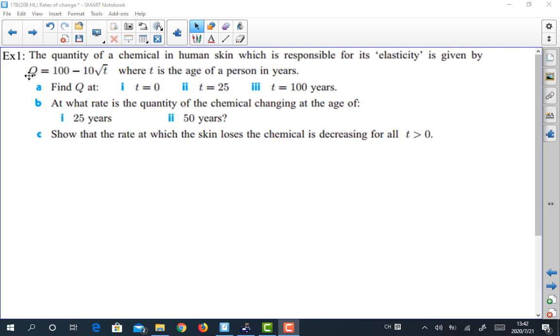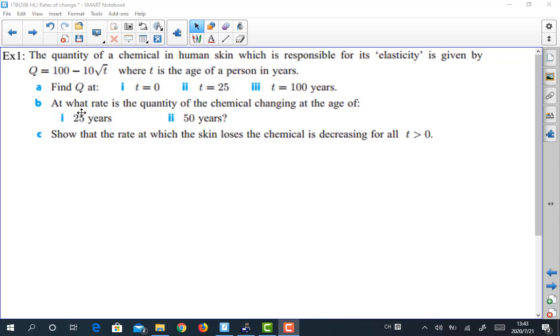Q represents the quantity, t represents the time, where t is the age of a person in years. A. Find Q at t equals 0, when the person is just born; t equals 25, find the quantity when the person is 25 years old; t equals 100 years, find the quantity when the person is 100 years old.